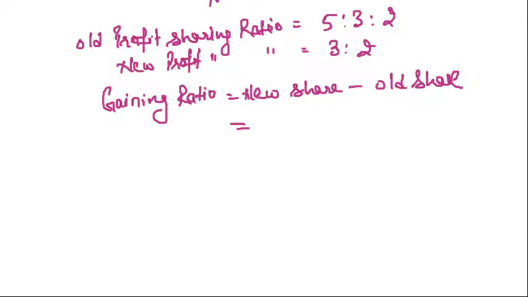So what is the new share here? 3/5. What is the old share for B, right? I'm assuming that A retires. Okay, the question says B retires.